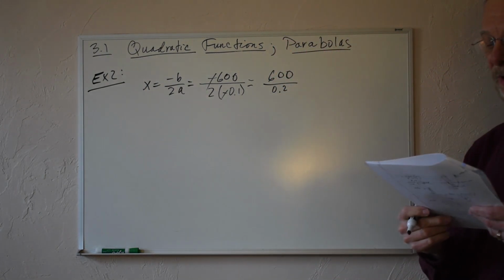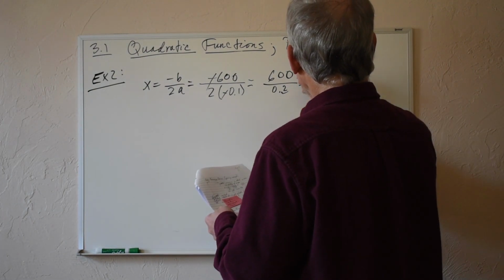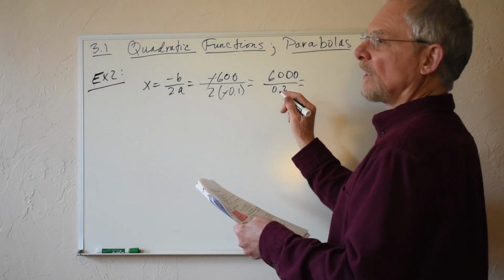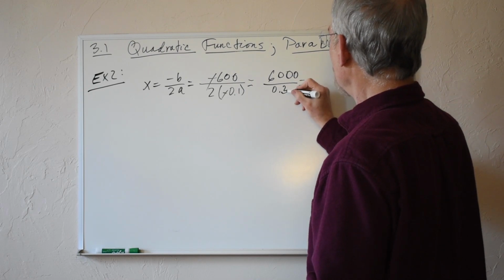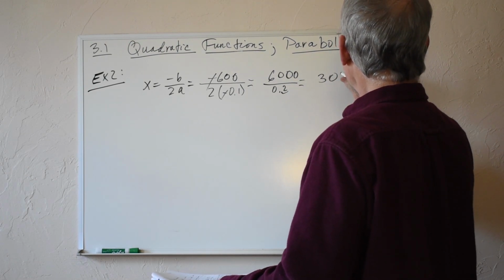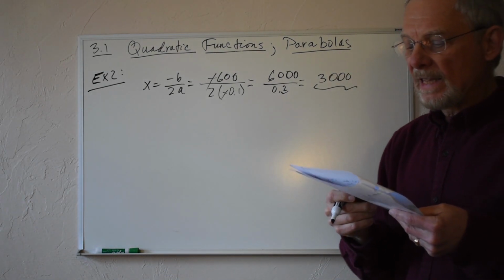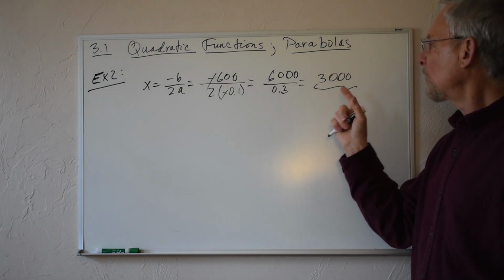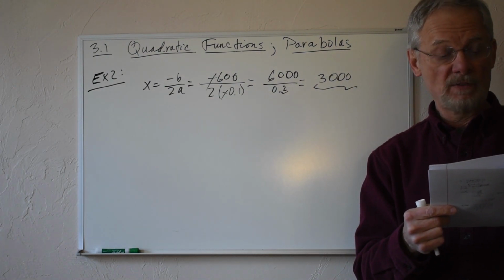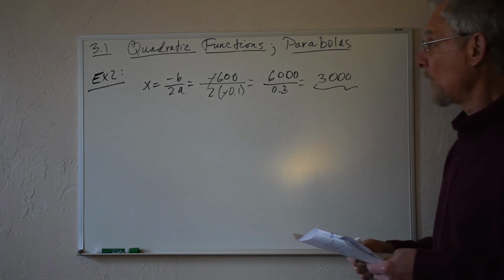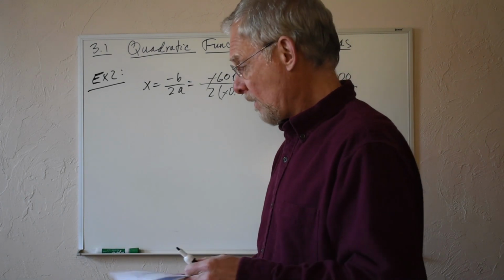And I get 600 over 0.2. If I get rid of my decimal sign, because I hate to rely on a calculator for something like this, I get 6,000 over 2, which equals 3,000. So, that tells me that the company needs to sell 3,000 TVs in order to maximize revenue. Alright, so that's an example of doing some modeling with a quadratic function.